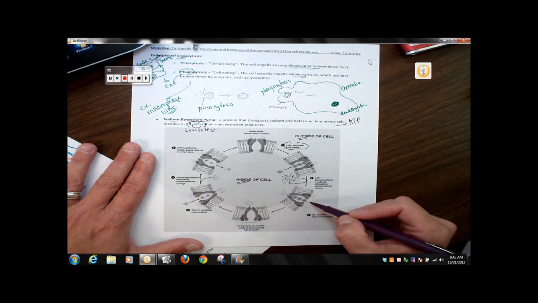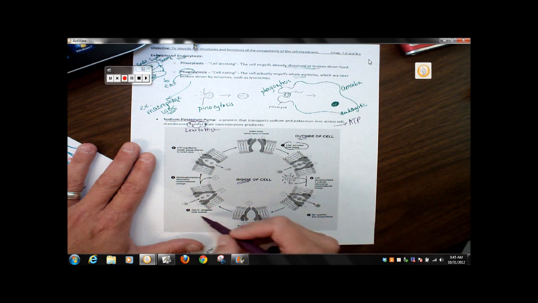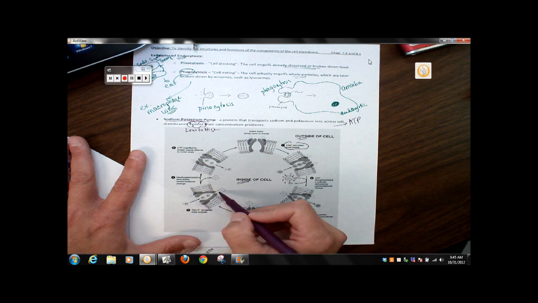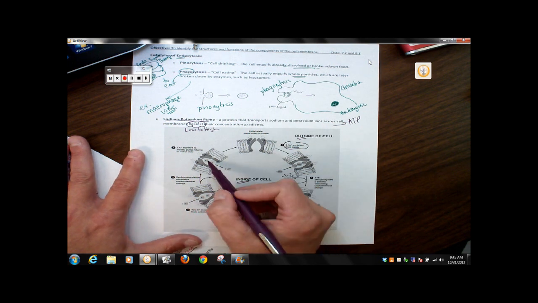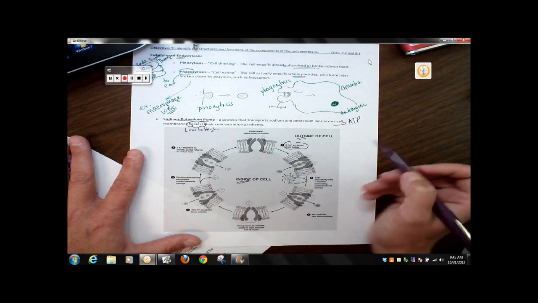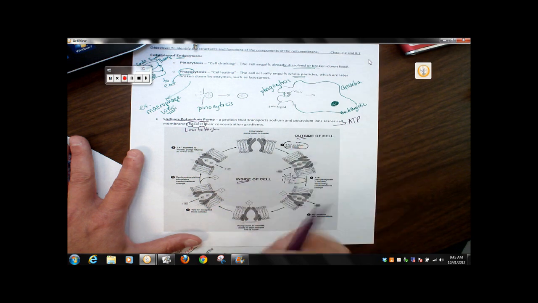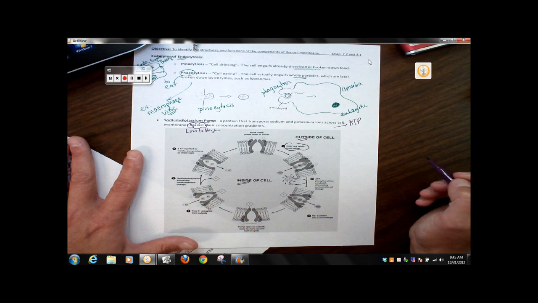Then the sodium ions will go outside of the cell. At the same time, the 2 potassium ions can come into the cell, and that doesn't necessarily require ATP to go back in. So what we're doing is increasing the concentration even more of sodium ions in one location and potassium in another. Okay?